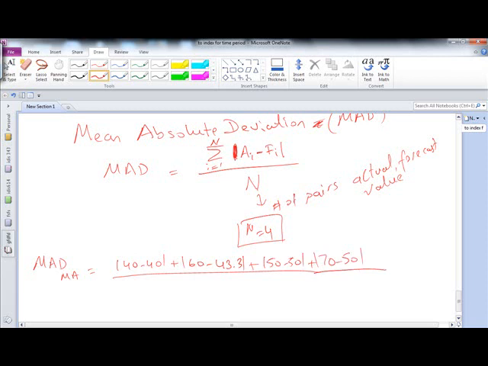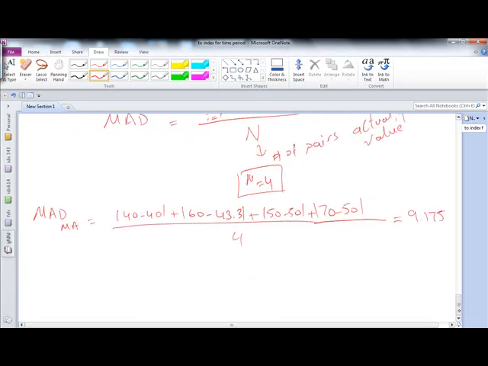And then I have 1, 2, 3, 4, so that means I'm gonna divide by 4, and I will end up with 9.175. Okay, so that is my mean absolute error. When I forecast a number, on average I am 9.175 away from the actual number, right?